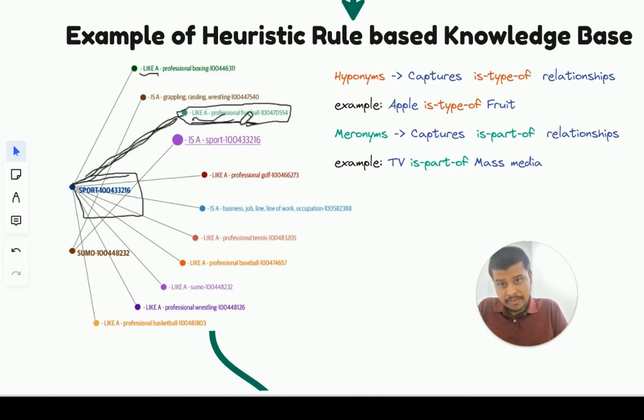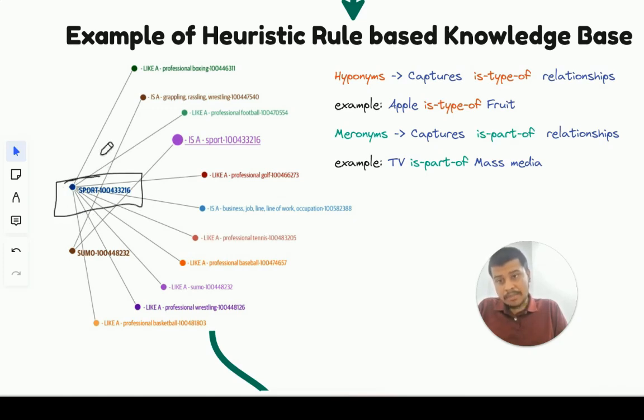Here it is professional football, right? Sport is like professional golf, professional tennis, and professional baseball. So all of these different words are related to this particular word called sport, right? The whole word network is able to capture all of these different relationships between the words. That is the main highlight here.